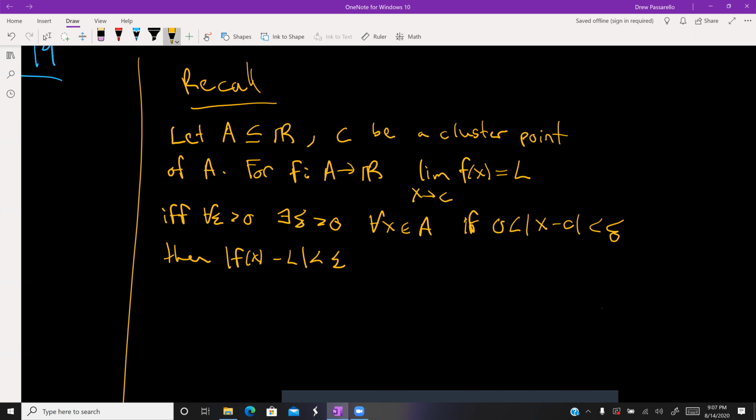Okay, and then this would be our punctured delta neighborhood around c.